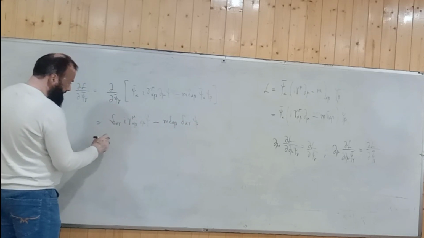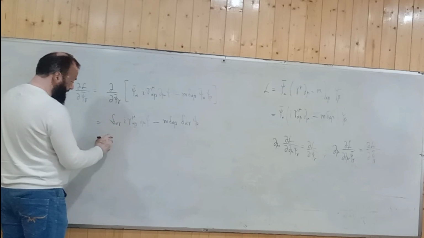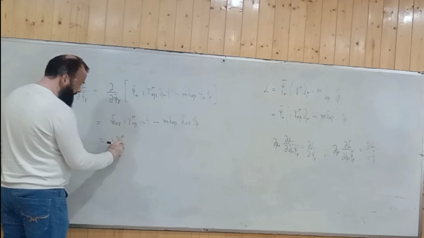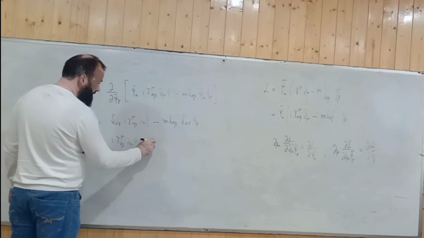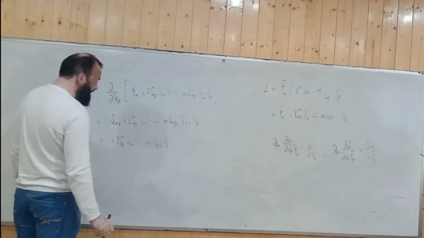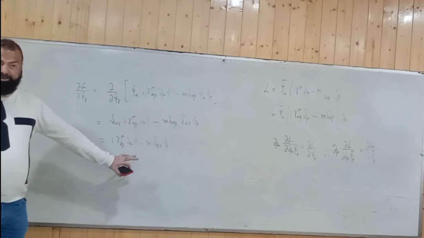So this is non-zero when alpha is equal to gamma. So you put alpha equal to gamma, and it is like this: i gamma mu gamma beta partial mu psi minus m delta beta gamma psi beta. Clear? Got it? Everybody followed it?